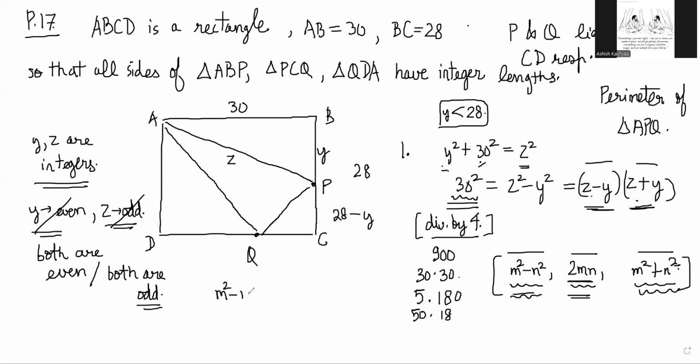m square minus n square is unlikely to be 30 because the squares are differing by more than 30 usually. Think about the squares of integers: 4, 9, 16, 25. Right now the difference is not a lot, but soon it will become a lot. 49, 64, 81, 100, 121, then 144, 169.